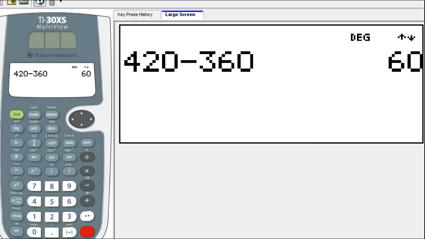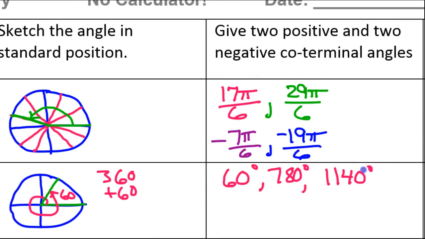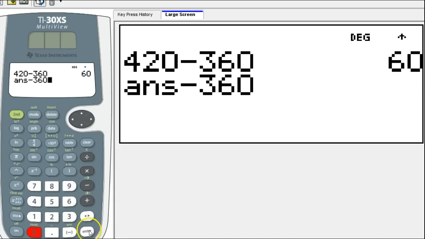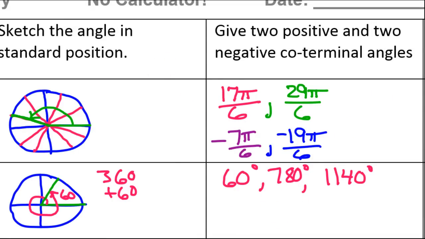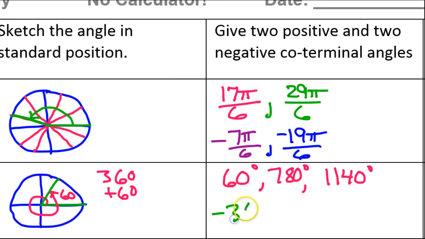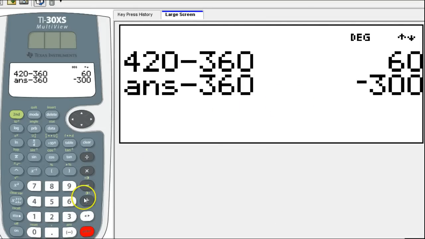And that's why I was able to include it in my list of positive coterminal angles. So I'd have to keep going from here if I want the negative one. So I could subtract another 360, and that's negative 300. So that's a negative one. Alright, if I want another one, I will subtract 360 again.